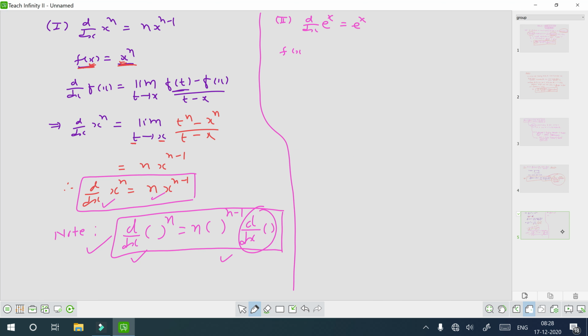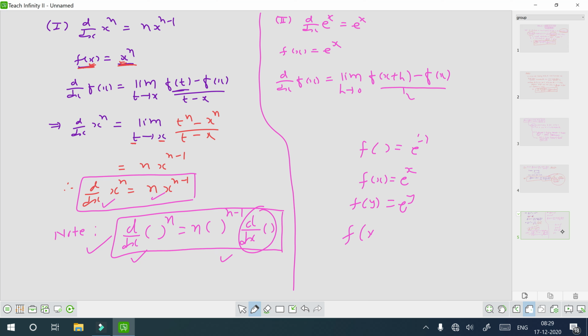Suppose f of x is equal to e raised to x. Now d by dx of f(x) is equal to limit h tends to 0 of f of x plus h minus f(x) over h. Now see, f(x) is equal to e raised to x. So f of y is equal to e raised to y. So f of something is equal to e raised to something. In our case, what is something?